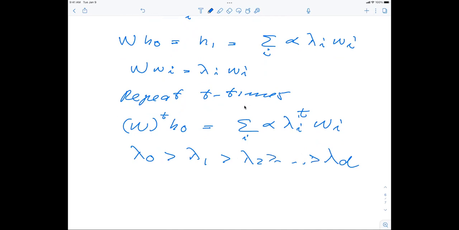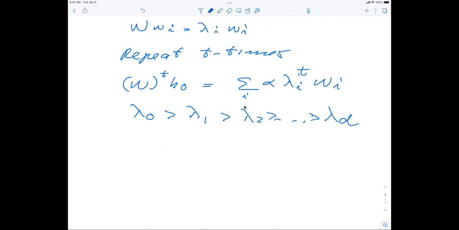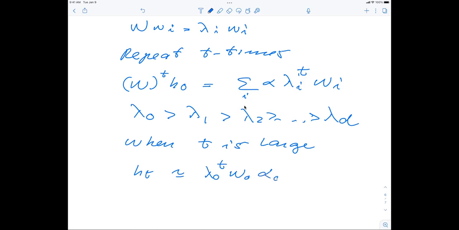Then, what we see now is that when t is large, the value which is going to dominate is actually the first one. Then what we could say then is that this h of t is going to be proportional to this lambda 0 to the power of t times the eigenvector w0 multiplied with alpha 0.